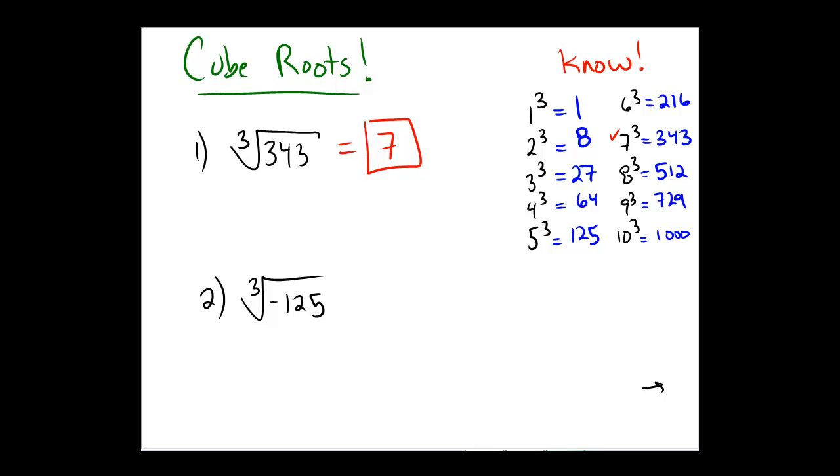Now, unlike square roots, where you can't take the square root of a negative number and avoid complex numbers, square roots of negatives force you into the complex plane, you can take cube roots of negative numbers, because a negative times a negative times a negative is negative. So to do a cube root of a number like negative 125, the answer is definitely going to be negative.